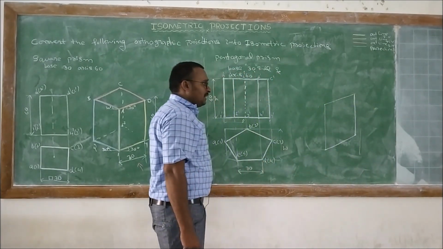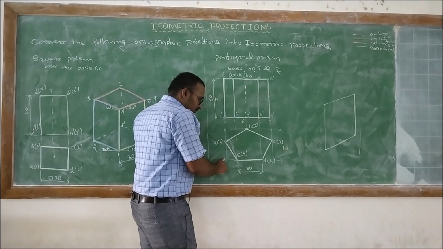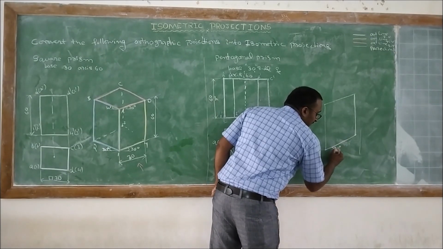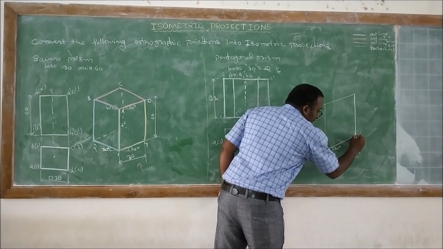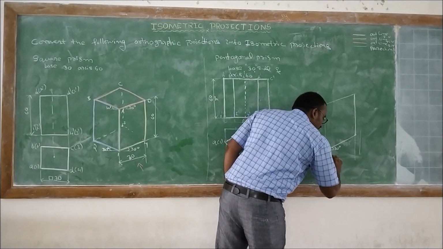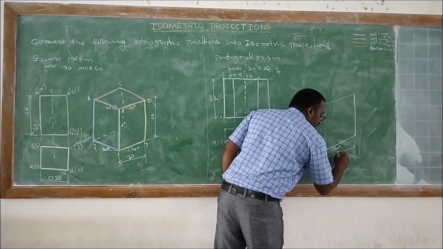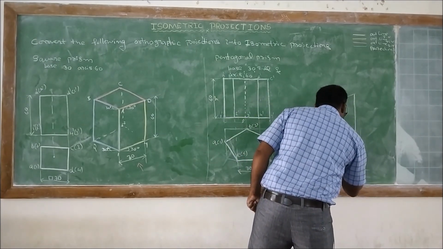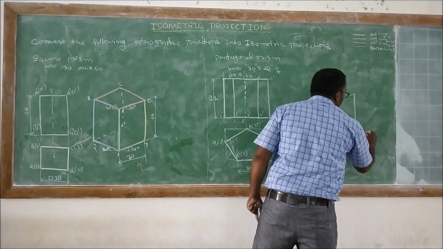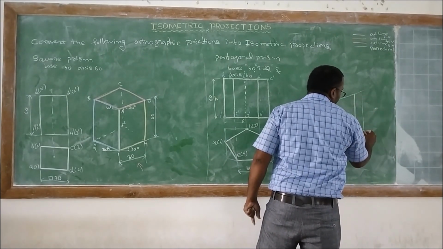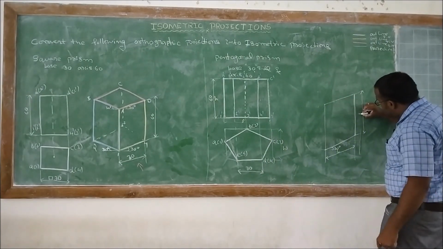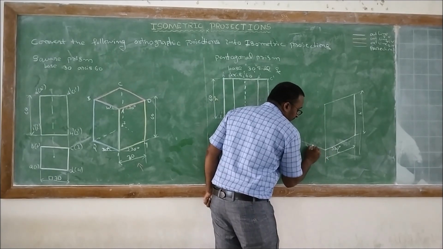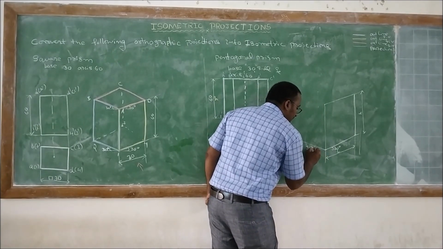right? So this is the front view, and then in side view this is the width, right? So here this is the 30 degrees inclination, that the length, here it is the width, length, height, and then here there will be a width at an angle of 30 degrees.